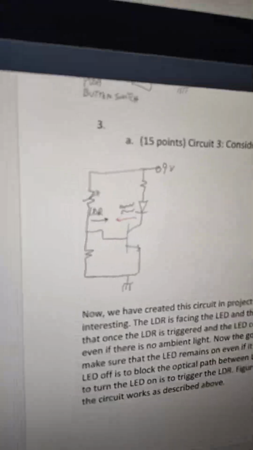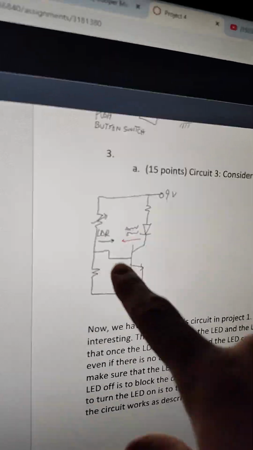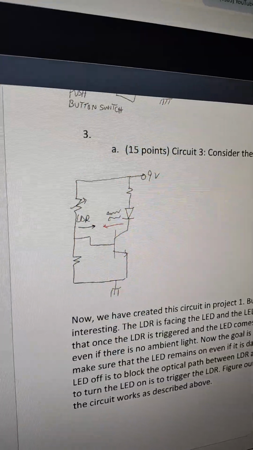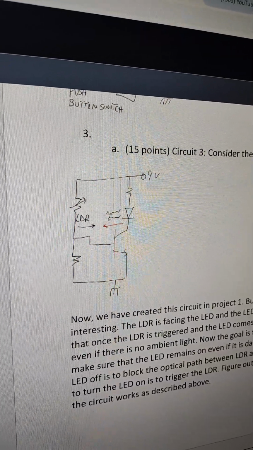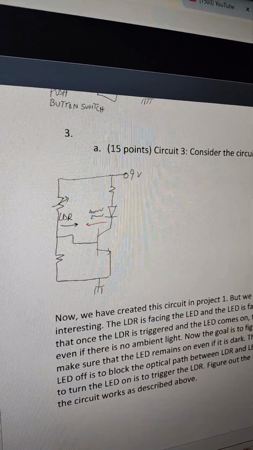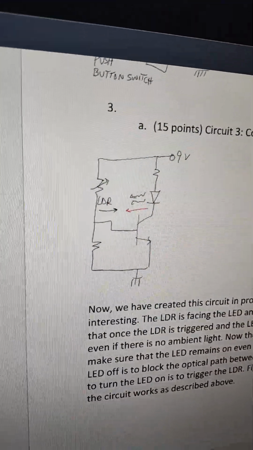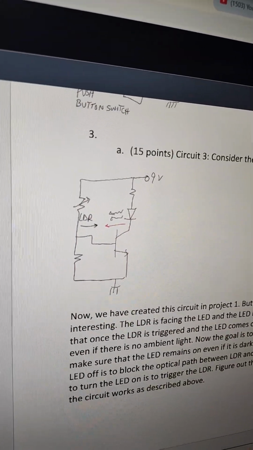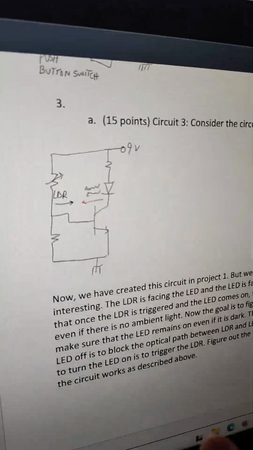So I measured, and in light conditions the LDR has about 900 ohms of resistance, and then it's about 4.3k ohms in dark conditions. So I used a little bit of an inequality, which I'll show in just a second, to get this resistor value.